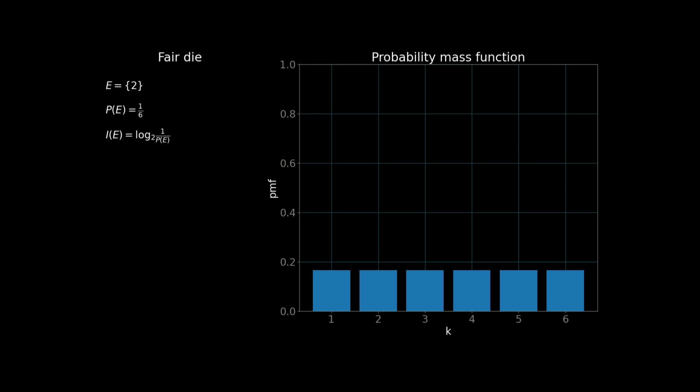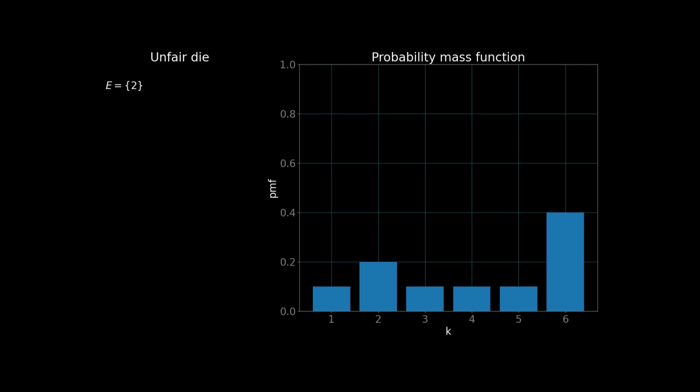The number of bits of information contained in this outcome is logarithm base 2 of the inverse of this probability, which is log base 2 of 6, or 2.58 bits. Note that in this context we can have fractions like 0.58 bits, because these are measurement units, not physical transistors or data types in a programming language.